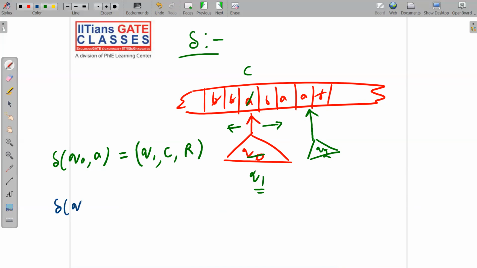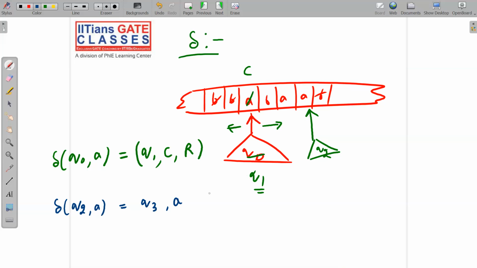Now let me show you the move. Delta q2 comma A. So on q2, A is read. What should be the new state? Let me say the state is q3, and suppose the Turing machine has not written anything, so I will say A only.